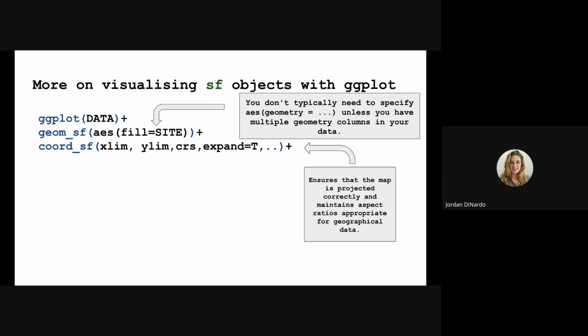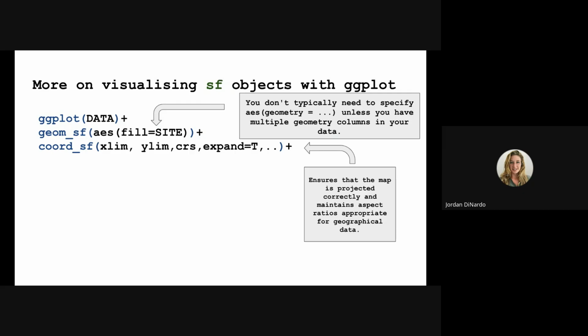So you would say xlim, and then you would indicate the min and max longitude of your map, and same with ylim. For the most part, you don't need to indicate the CRS unless you wish to be mapping in a different CRS than what your data is, but ggplot is smart enough to know, okay, we're working in WGS84. That is the coordinate reference system we're working in.